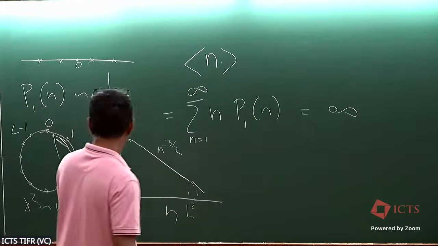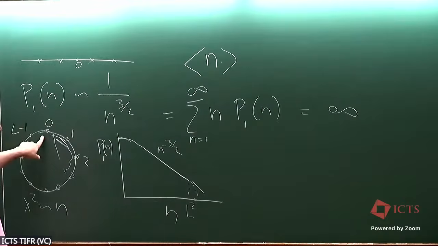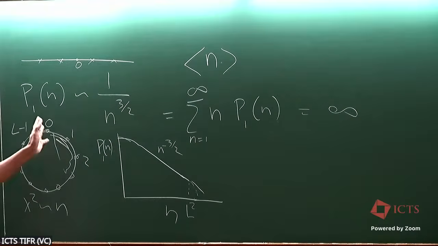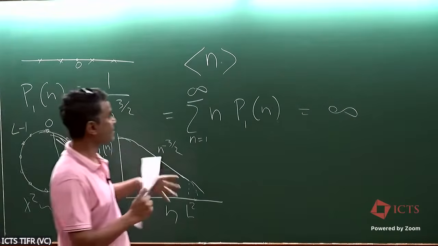Now on a finite lattice, of course, it should not be infinite. It should be some function of the system size. So what do we expect on a finite lattice?